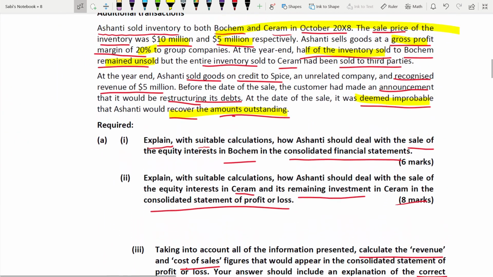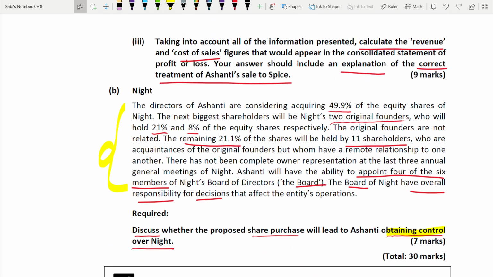Just go through this. I'm sorry, part B. So they told remaining is held by 11 shareholders. So you can understand how widely it is spread. One has 21, one has 8%. Let me calculate.